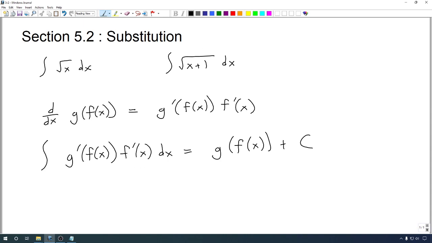That might not be such a big problem when it comes to like the square root of x plus 1, because the derivative of the inside here is just a 1, but it would definitely be a problem if we're trying to take, say, square root of x squared plus 1. Now the derivative of x squared plus 1 is not in the integral, and so it would not match this particular form. We'd have to have, say, a 2x in here. Now the 2x would be the derivative of the inside function. This would be kind of the optimal situation that we'd like to have.